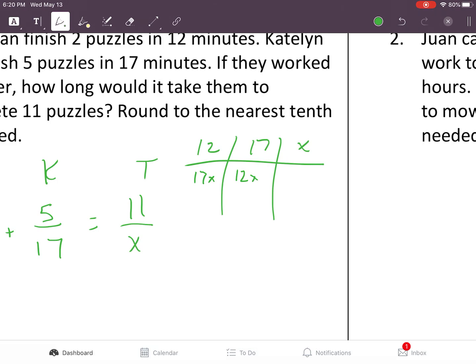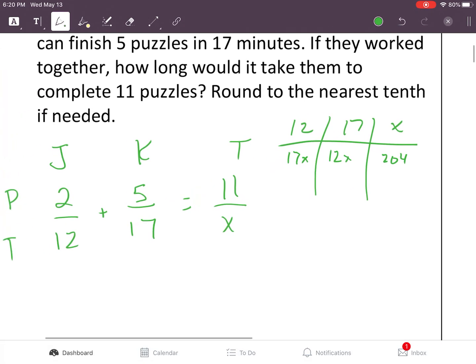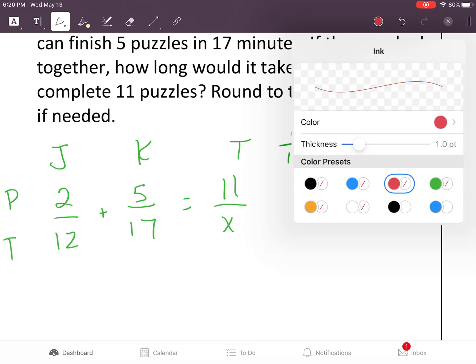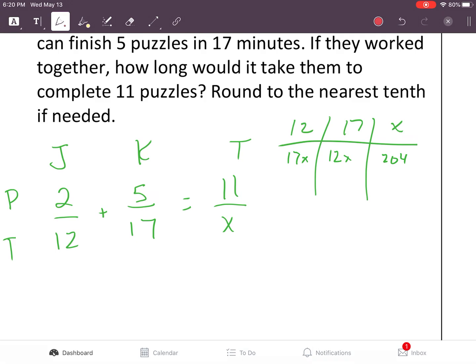And x is missing 12 times 17, which is 204. So we multiply that row we just made by the numerators of the original problem. We got 17x here, 12x here, and 204 right there.